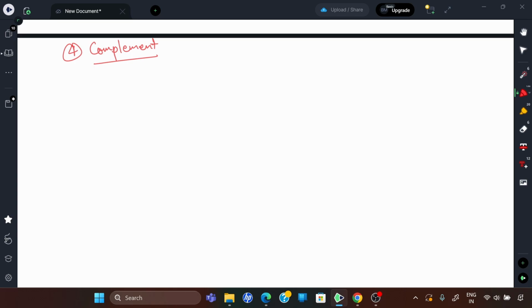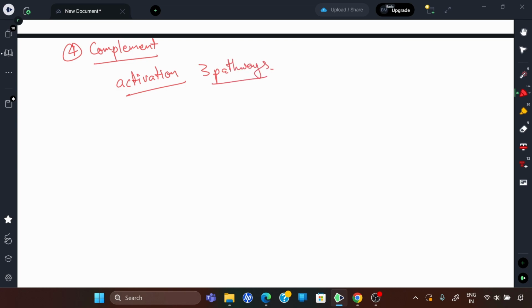Now as they are circulating as inactive precursors, what is required to execute their action? Activation, right? Activation can be by three pathways.